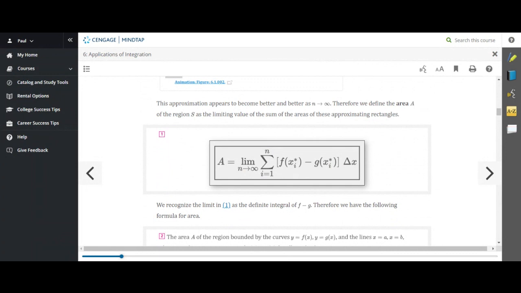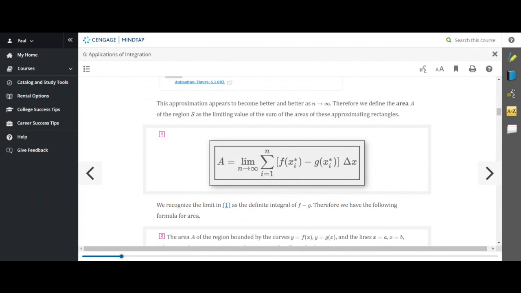If you have inscribed rectangles and you make the subintervals smaller and smaller, what does the sum of the areas of the rectangles eventually approach? Infinity?